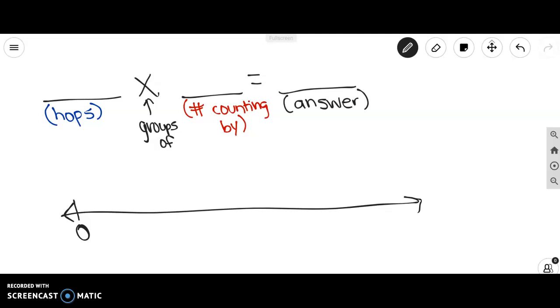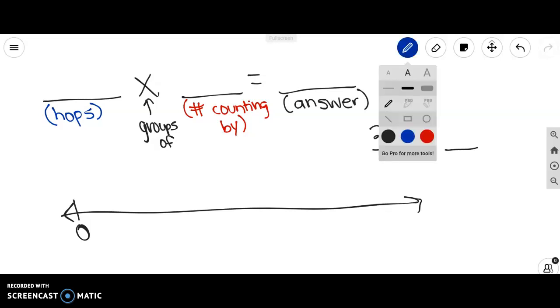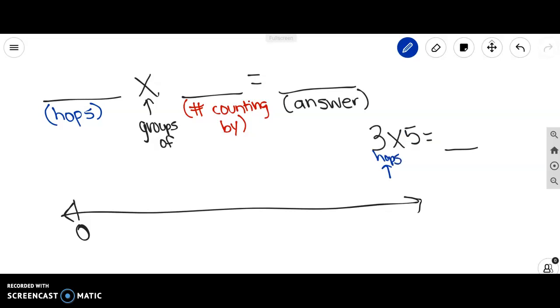So here's an example. How about 3 times 5? And we want to know what the answer is. So we know that this 3 is going to be the number of hops we make. We know that this 5 is going to be the number that we count by.